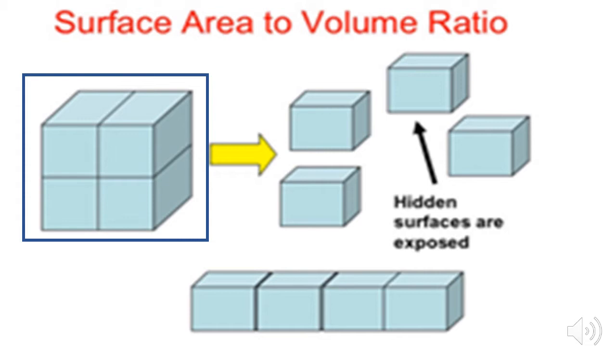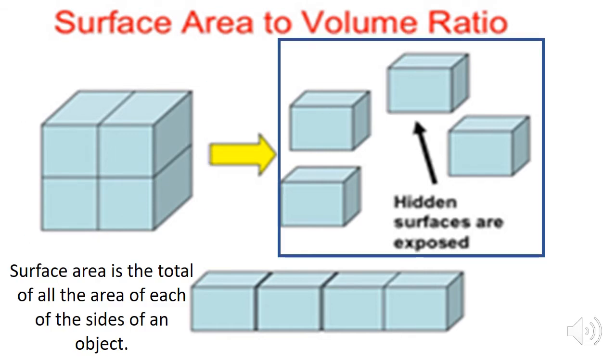If we were to split that up into the 4 smaller cubes, all of a sudden the surfaces that were hidden because these cubes were next to each other are now exposed, meaning that the surface area has increased. So remember, surface area is the total of all the area of each of the sides of the object. So it's how much of a shape is exposed to the outside. Now, you'll notice as well that the volume, the amount of space that these objects take up, stays the same.